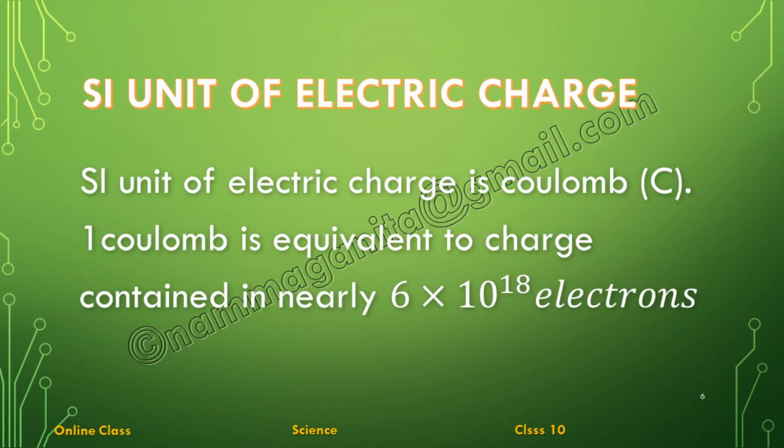The SI unit of electric charge is coulomb, denoted by capital letter C. 1 coulomb is equivalent to the charge contained in nearly 6 into 10 to the power 18 electrons.